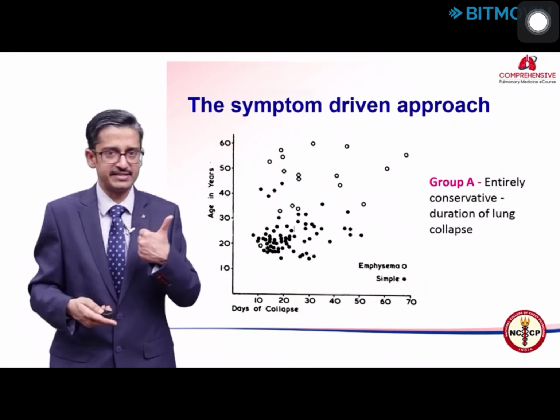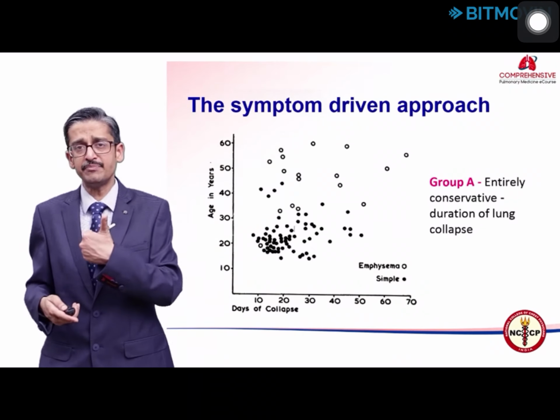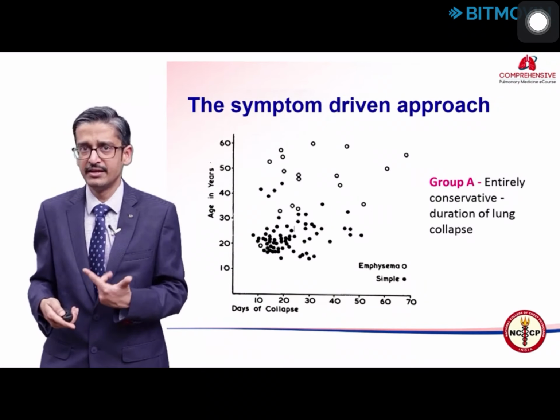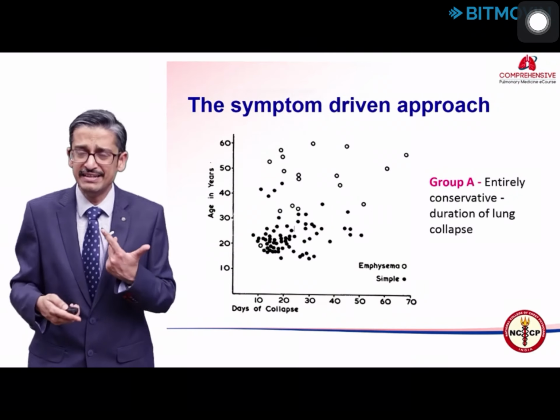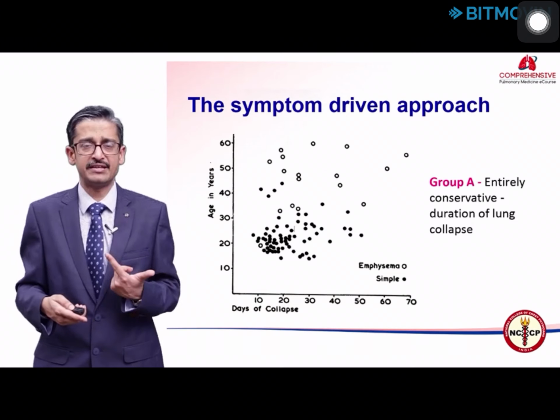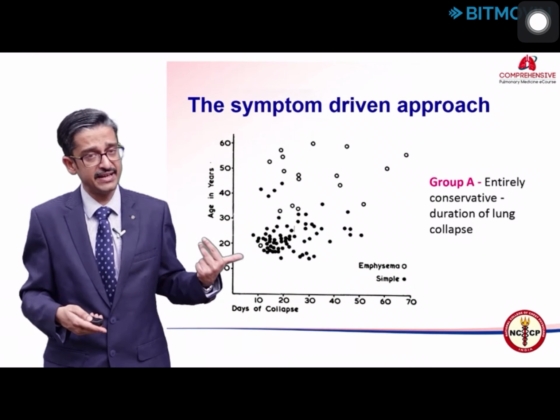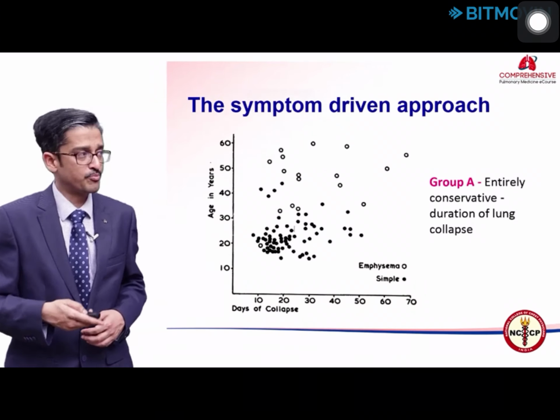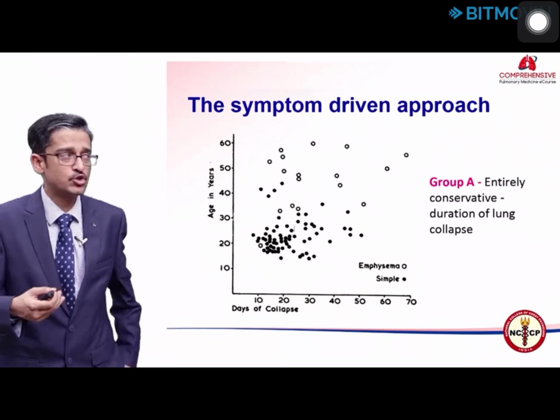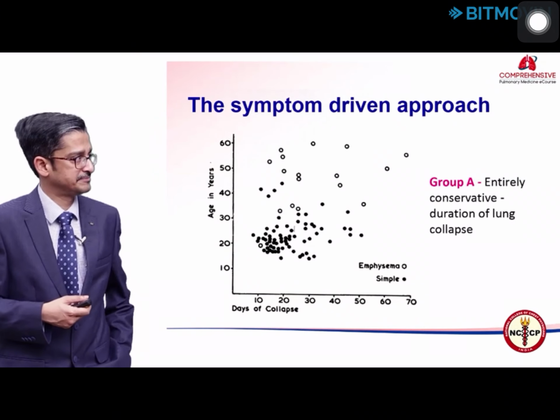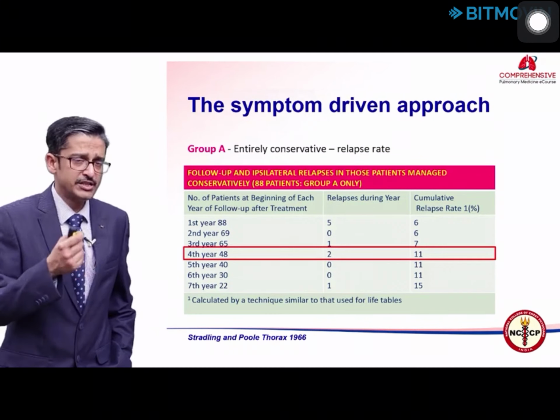So 2 driving factors there. How long has the lung been collapsed before you diagnose the pneumothorax? And second, you're looking for underlying lung disease, emphysema in that case, in which case it makes it a secondary pneumothorax, and hence spontaneous re-expansion of the lung is going to be unlikely in these patients.